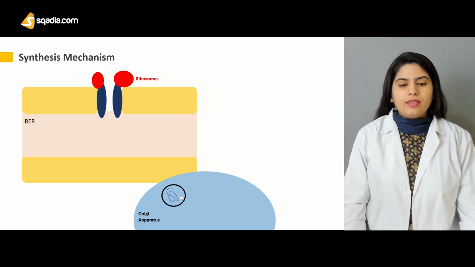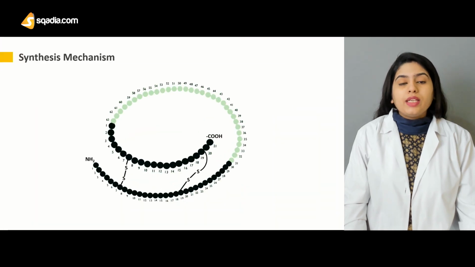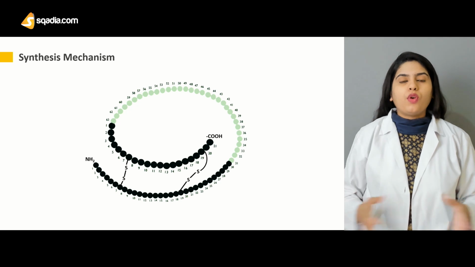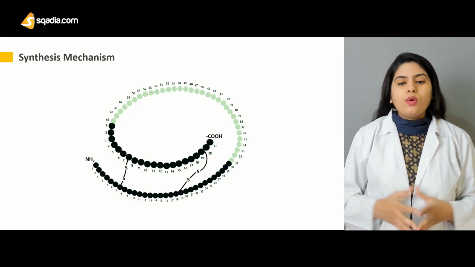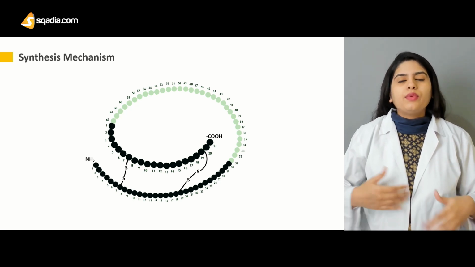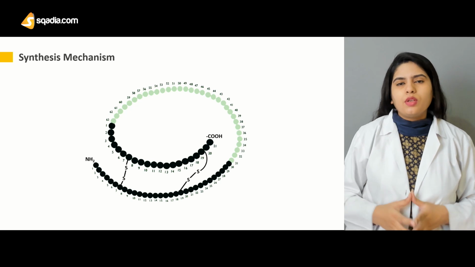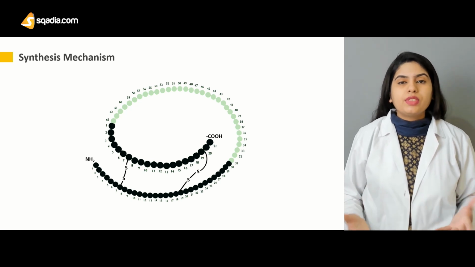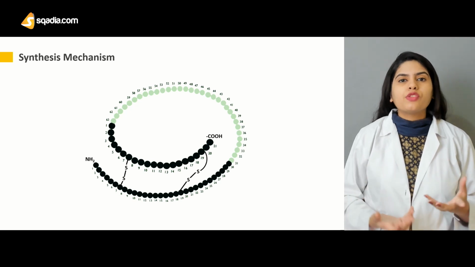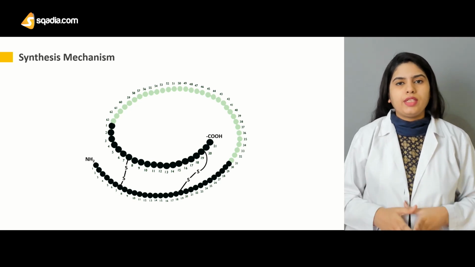Inside this vesicle, our insulin is being converted into the mature form of insulin. How will it be converted into mature insulin? It is not that everything is happening on its own. Obviously there are some enzymes and regulators that are regulating this conversion, this formation of insulin from the proinsulin.